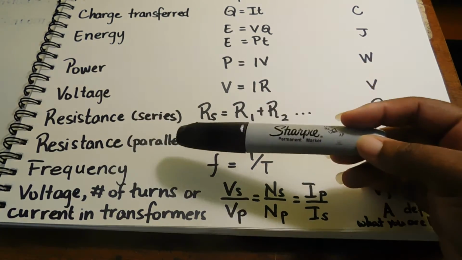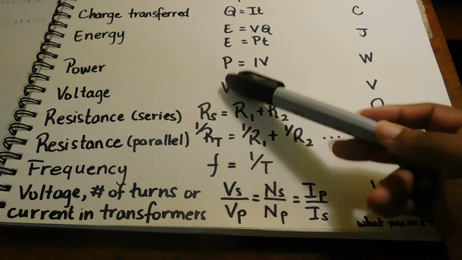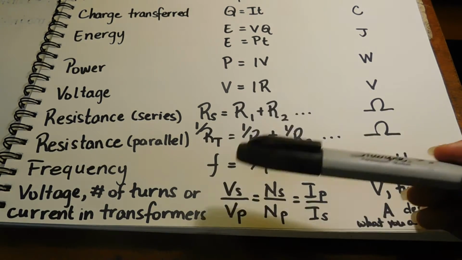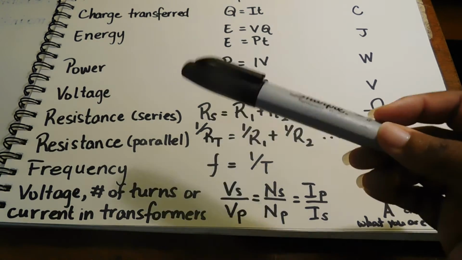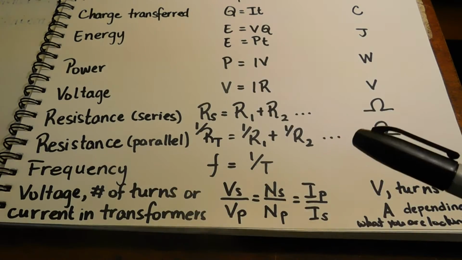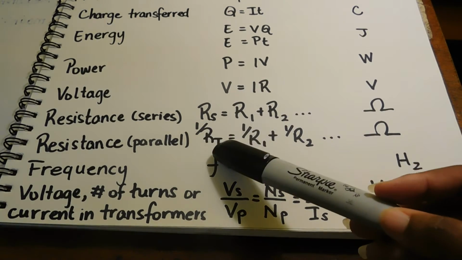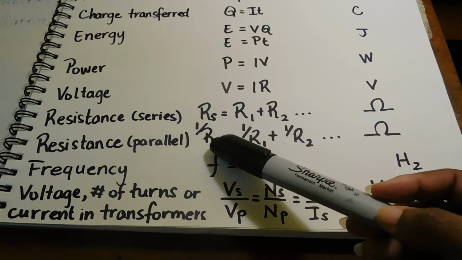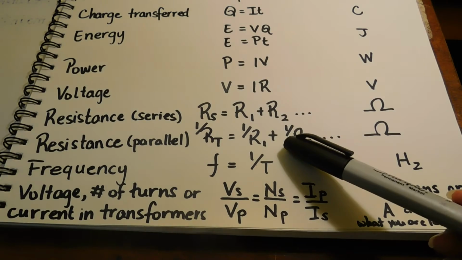Now, for resistors set up in a parallel circuit, just think of a ladder, a stepwise fashion, where the current has different pathways, pretty much how your house is wired. So the current would have different pathways to travel. This is calculated by 1 over the total resistance in parallel, and then you have each resistor after that being 1 over that resistor.